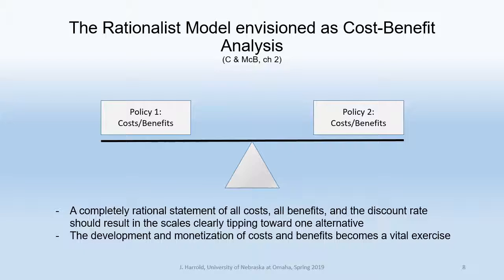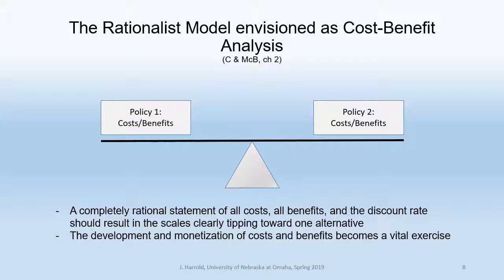So in a sense, we've all heard of cost-benefit analysis, and we're going to talk about that a little more next week. In a sense, cost-benefit analysis is something like a poster child of rational analysis, right? What cost-benefit analysis tells us is that we can compare policies, say policy 1 and its costs and benefits against policy 2 and its costs and benefits, and we can put them on something like this scale here, and we can see which one outweighs the other.